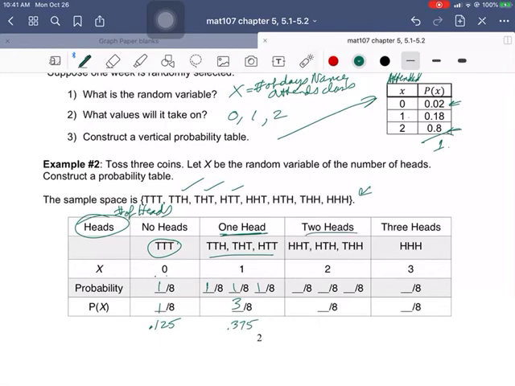2 heads is another thing that could happen out of your 3 tosses, and these are the 3 possible outcomes, 1, 2, 3, to get 2 heads. 3 different ways to get 2 heads, 1/8 each, which is 3/8 also. And then there's only one way to get all 3 heads.